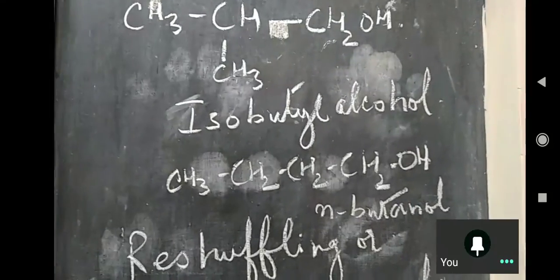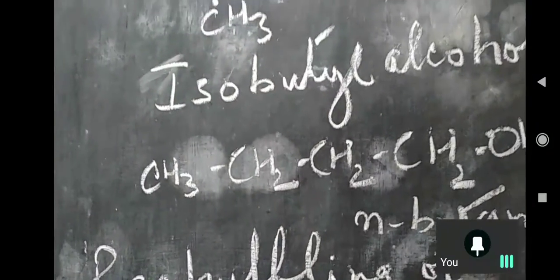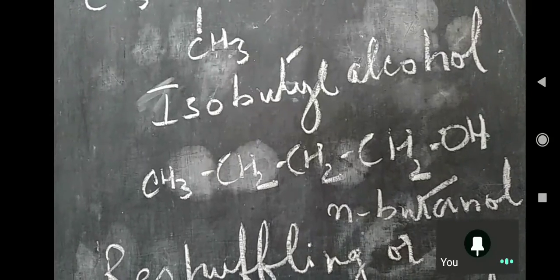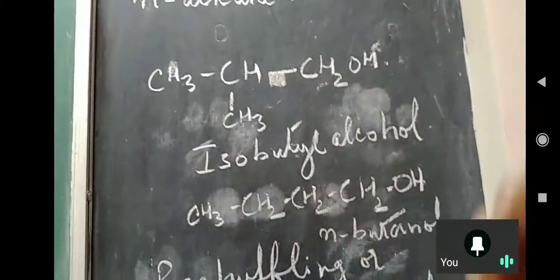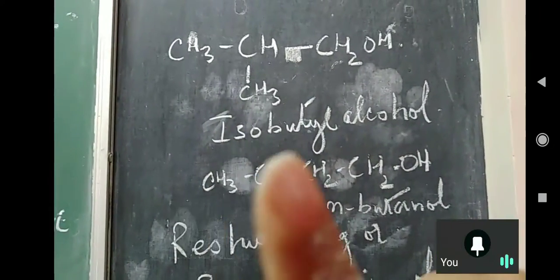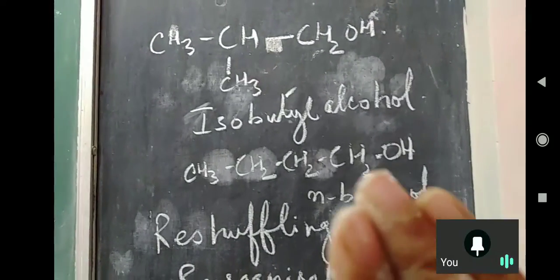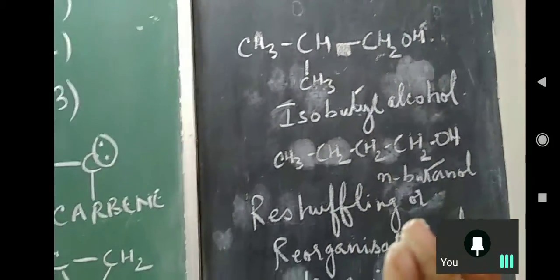Okay. So this is done by rearrangement of carbon chain, isn't it? Okay, this is by means of rearrangement of carbon chain. Okay, so it is a type of rearrangement reaction.